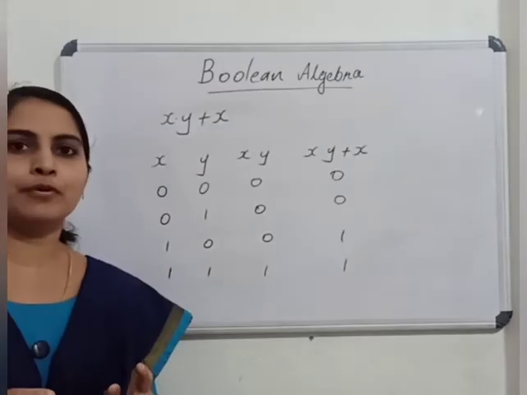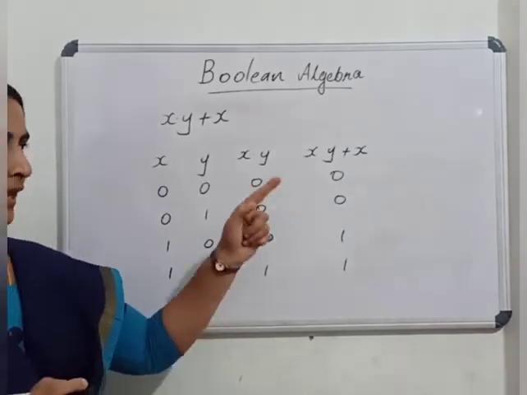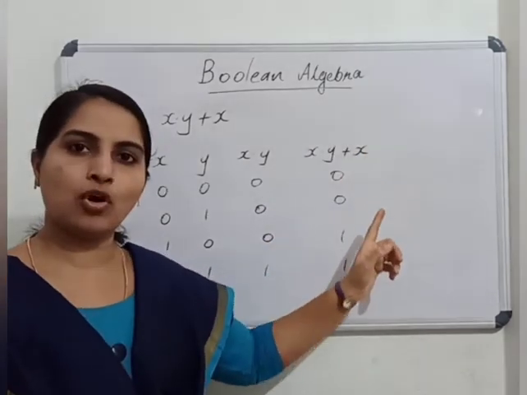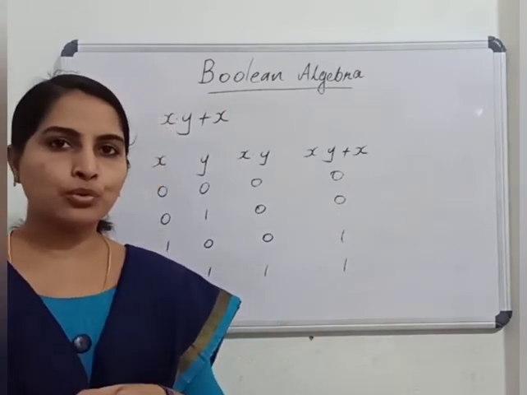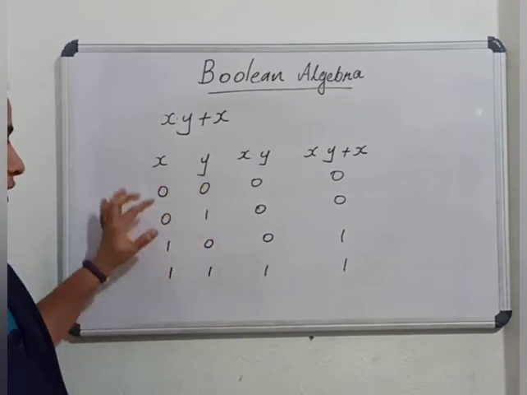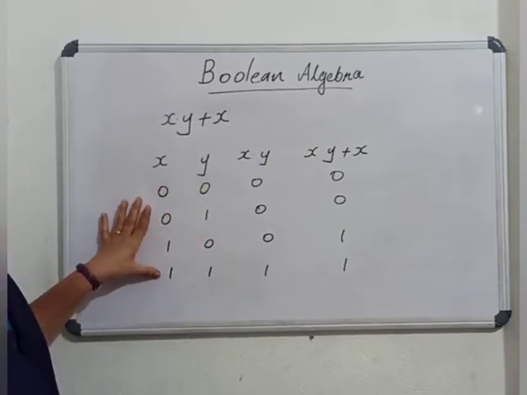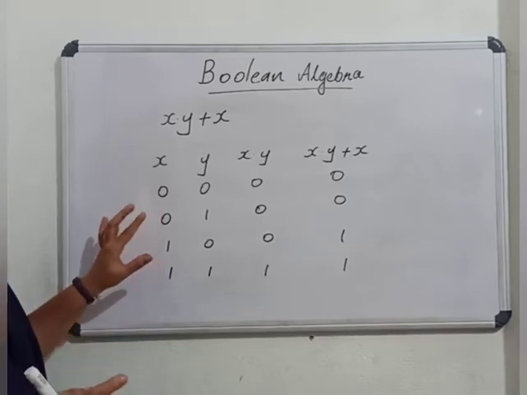If the input has one variable, how many combinations? With one variable, x can be 0 or 1, so 2 combinations. If the inputs are x and y, two variables, how many combinations? 4 combinations. What about three variables, which we learned in the number system chapter?